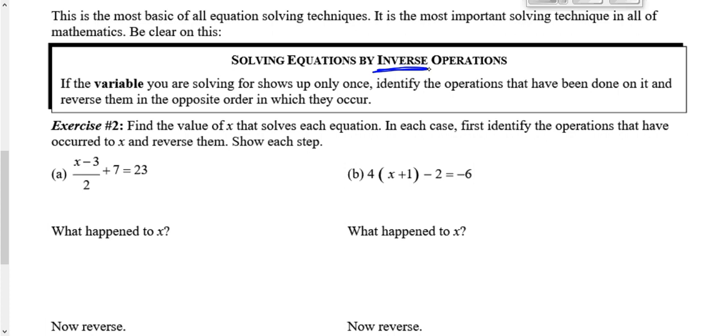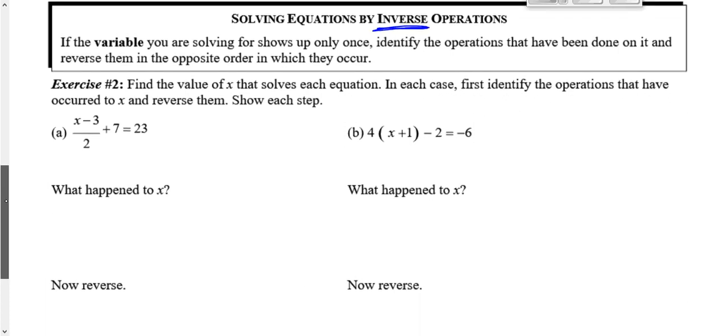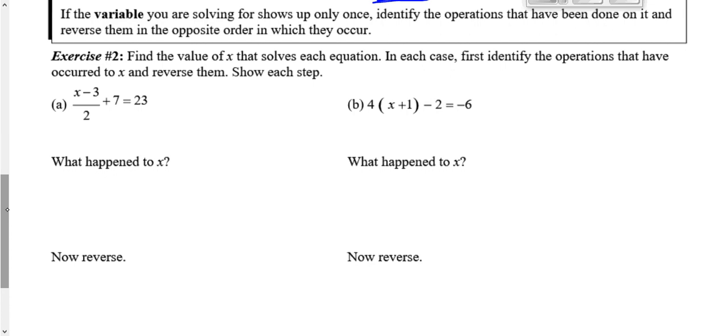So let's go down here. Find the value of x. So just wait. First evaluation. So, okay. So what happens to x, or what is happening, right? So what's the first thing that you do to that x as they have it written? Okay? So the first thing is subtract 3, right?